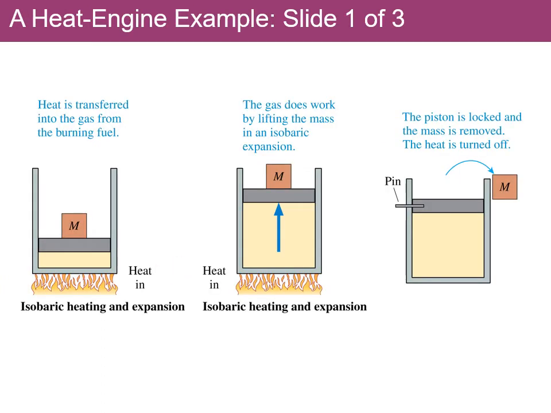Let's look at another example. First, heat is transferred into the gas from the burning fuel. We have isobaric heating and expansion of the gas. The gas then does work by lifting the mass m. We could then lock the piston in place, remove the mass, and turn the heat off.